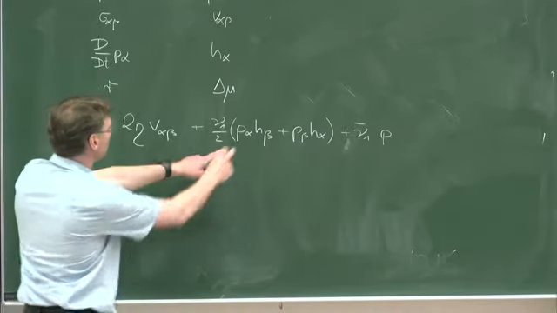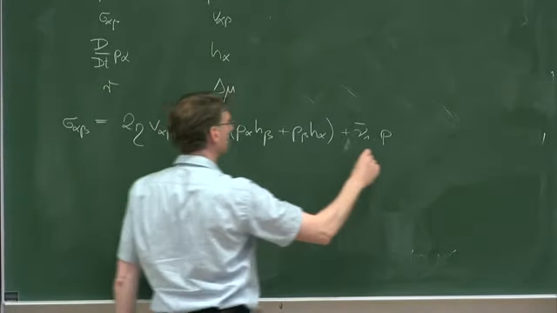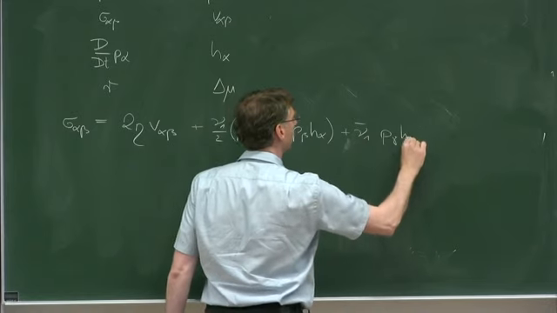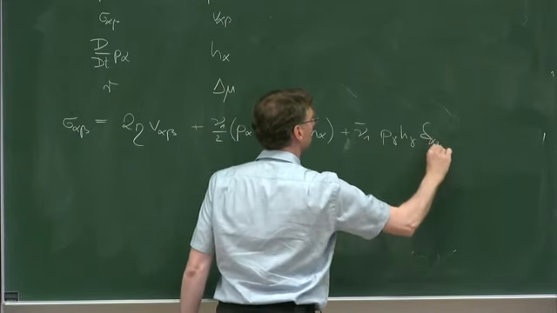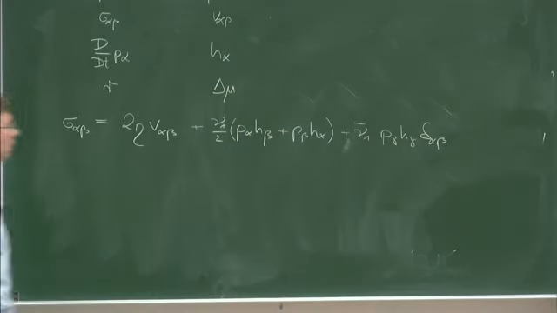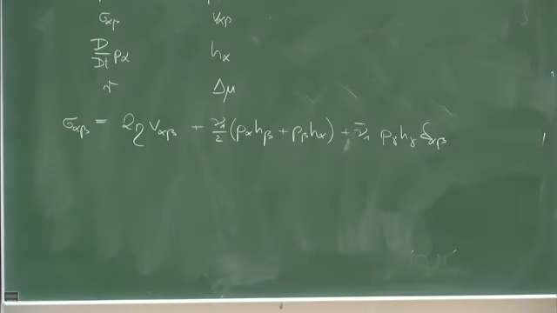I have to write down the same order of things. So writing here p gamma H gamma times delta alpha beta. So these are all the terms linear in H, in our molecular field, that are consistent with the symmetries of this term here.